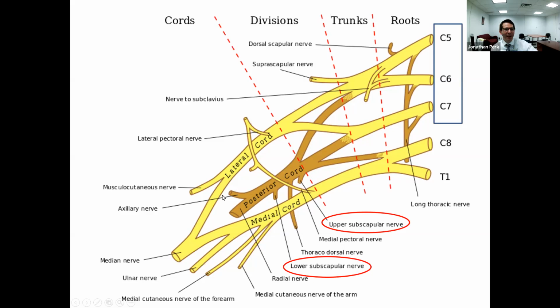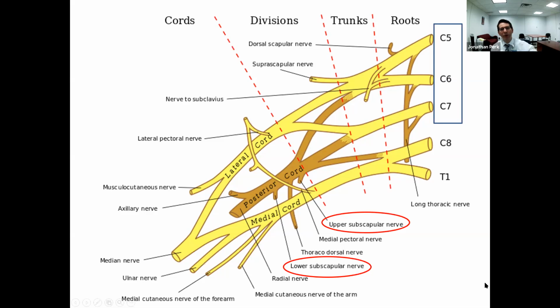Arts because it has A, axillary, R, radial, which we're not going to talk about this week. And then we have the S, which is the subscapular nerve. We have the upper and lower, but that doesn't matter, just S, subscapular. And then T, which is the thoracodorsal. Actually, I should have said it the other way around. So ARTS, A-R-T-S, okay? Axillary, radial, thoracodorsal, and subscapular. So those are the nerves that come off the posterior cord.